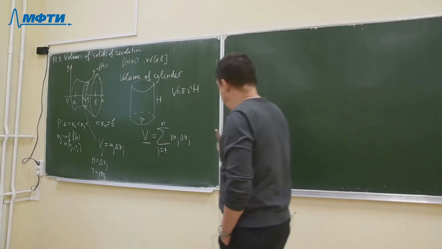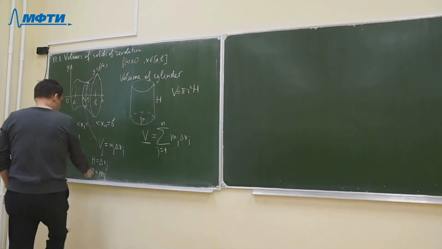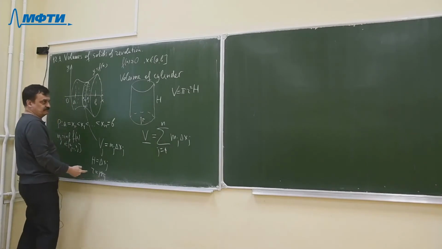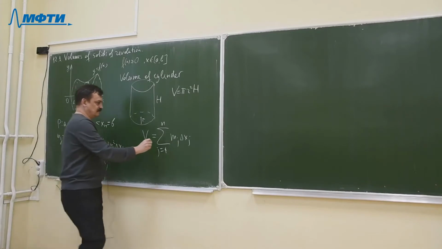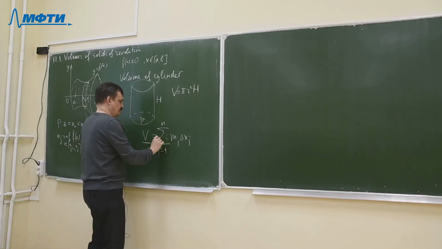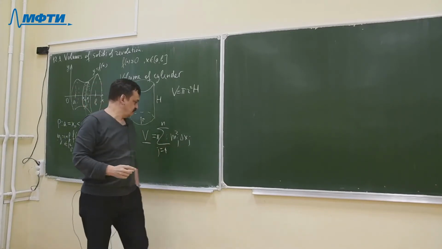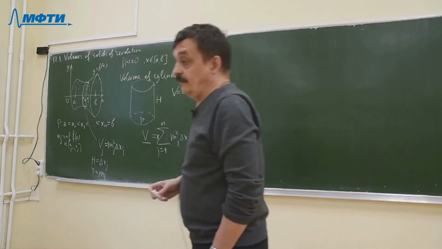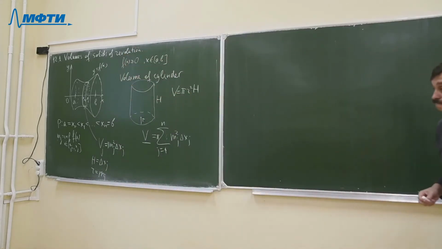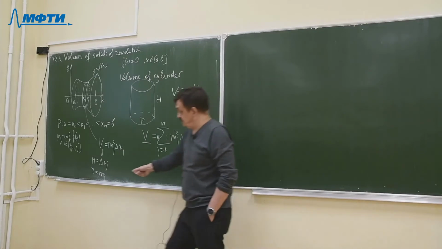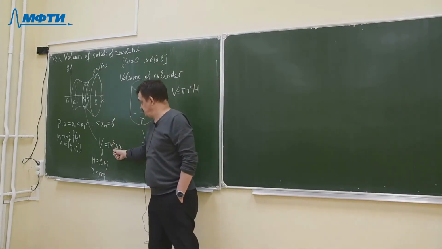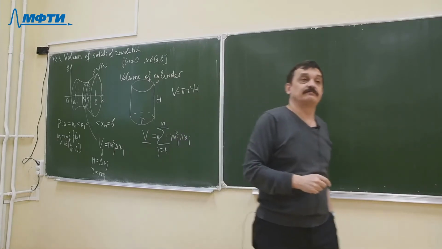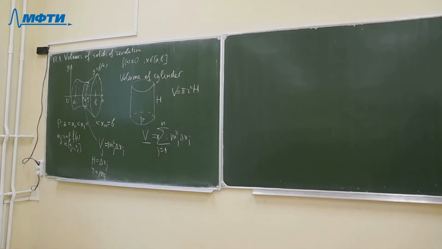Oh, sorry. I wrote the radius is m_j, but of course the volume is pi m_j squared. So pi m_j squared. Sorry. Radius is m_j, but volume is pi r squared h, so pi m_j squared delta x_j, right?